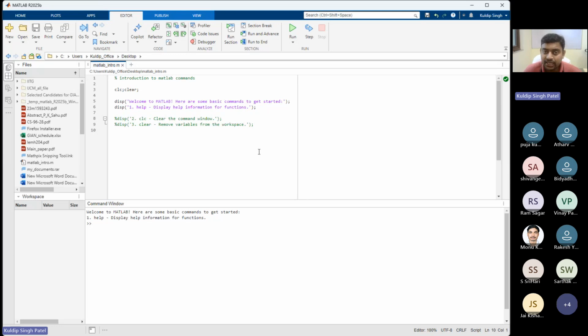But one thing we have to realize is that this does not do anything, because we have used this percentage sign. What is this percentage sign? If you use a percentage sign before any line, that means MATLAB is not reading these lines. MATLAB doesn't bother about these lines.